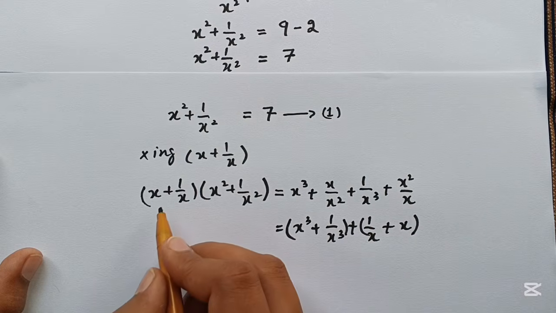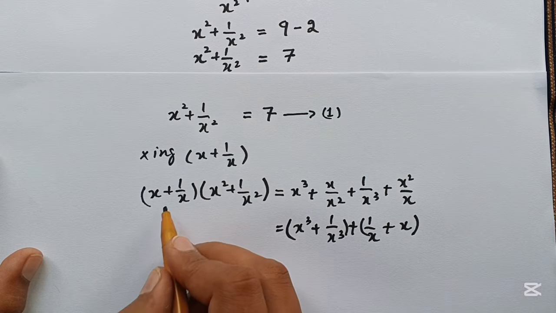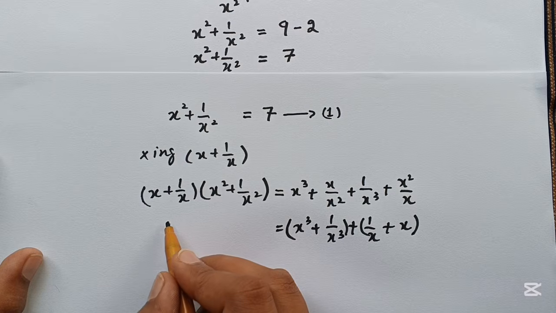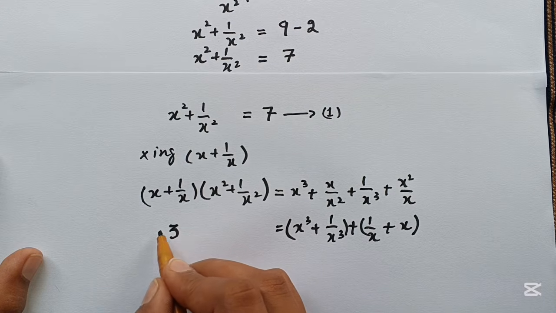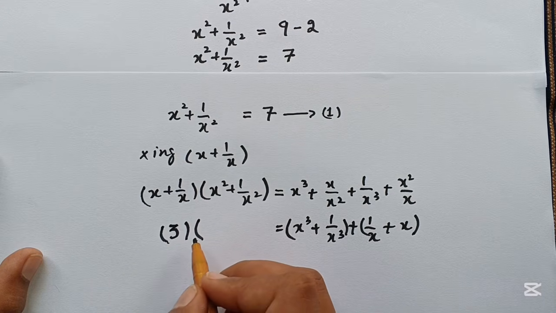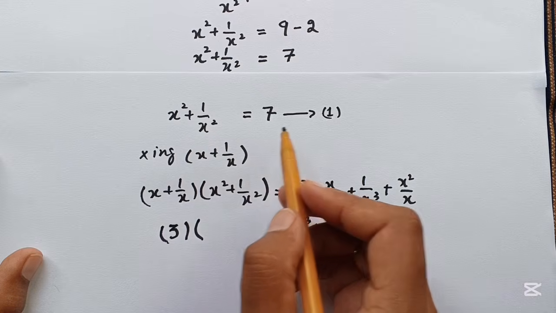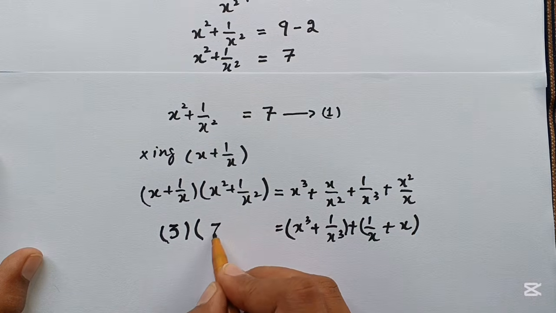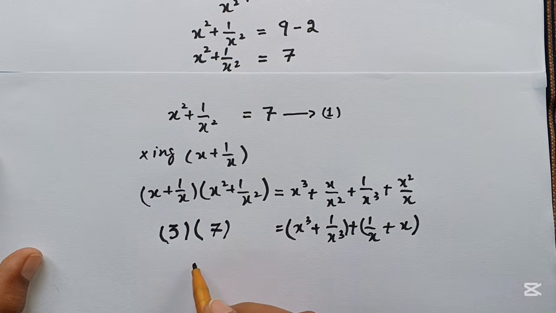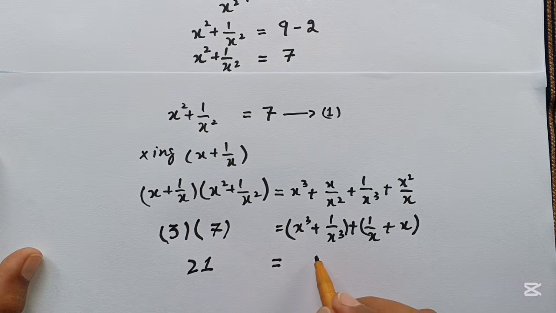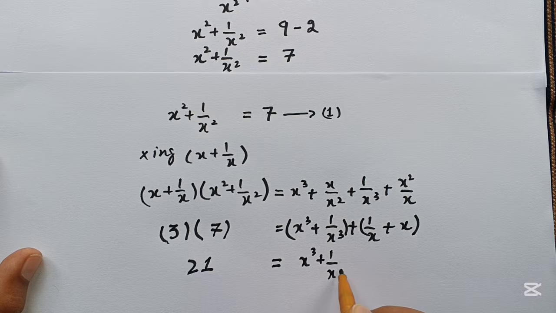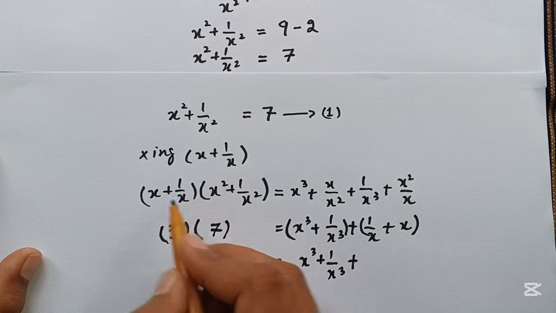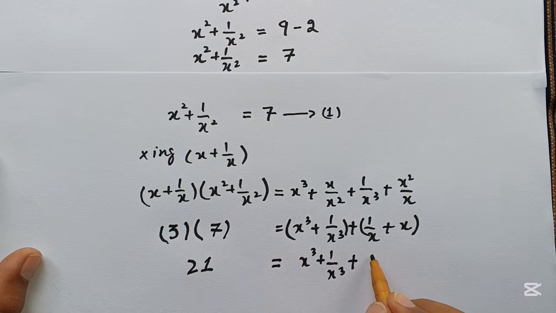So x plus 1 over x value is 3, and x square plus 1 over x square value is 7. Now multiplying these two values, which is 21, equals x cube plus 1 over x cube plus x plus 1 over x, and value is 3.